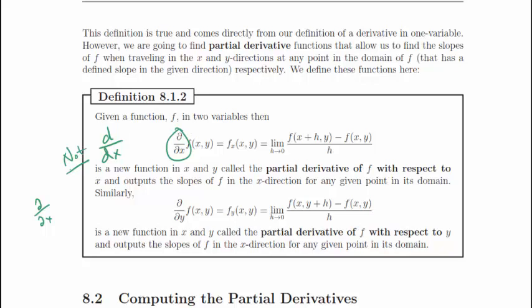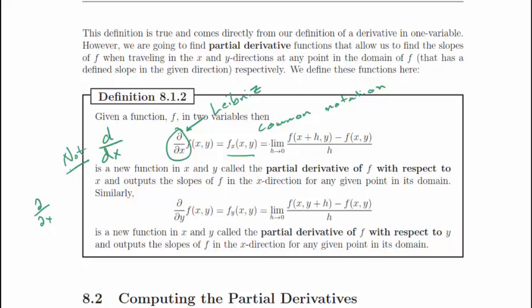So the partial of f of x comma y with respect to x, make sure you know how to read that. That's how we are going to read that. This equals f sub x parentheses x comma y. This is our common notation. This here is our Leibniz notation, which we are going to use plenty of as well.